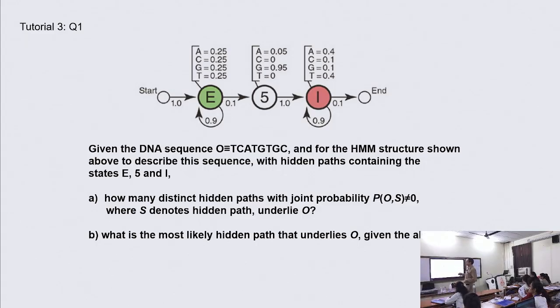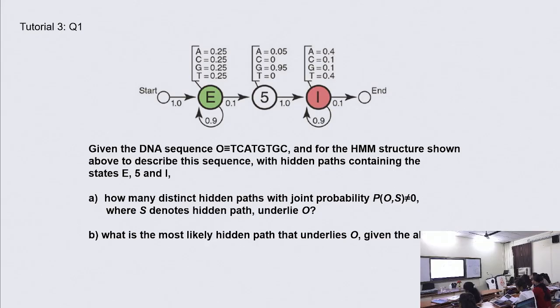So a sequence is given, and that sequence is TCA, TG, TGC. And for the HMM, hidden Markov model structure shown above, to describe this sequence with hidden paths containing state E, E is exon, 5 is 5' splice site, I is intron.